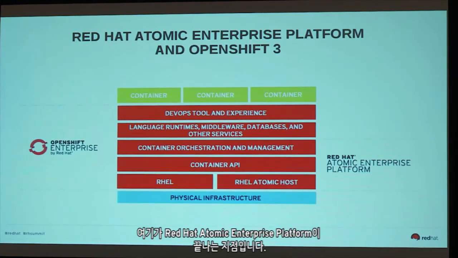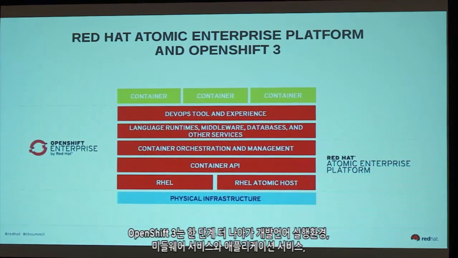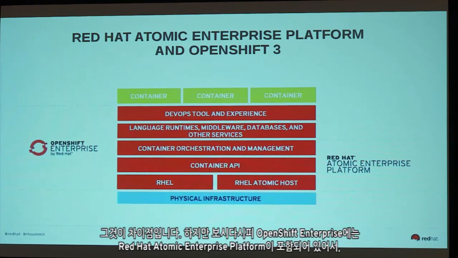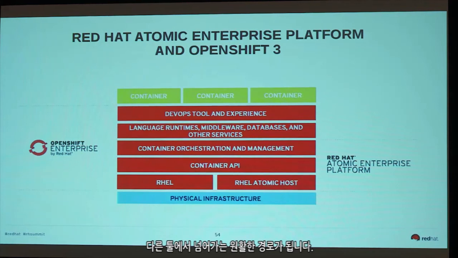This is where Red Hat Atomic Enterprise Platform ends. OpenShift 3 goes up one notch to deliver the language, runtimes, middleware services, and application services, and the entire developer and DevOps tools and experience around it. So that's the difference, but you can see that OpenShift Enterprise includes Red Hat Atomic Enterprise Platform, so there's also a seamless path to go from one to another.